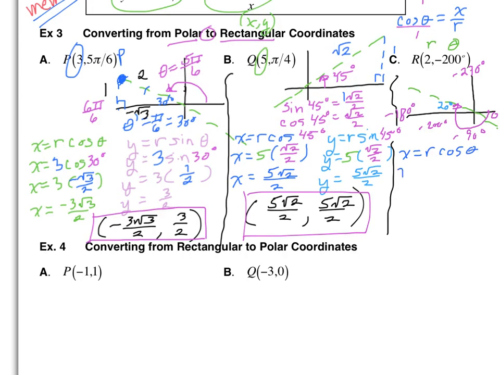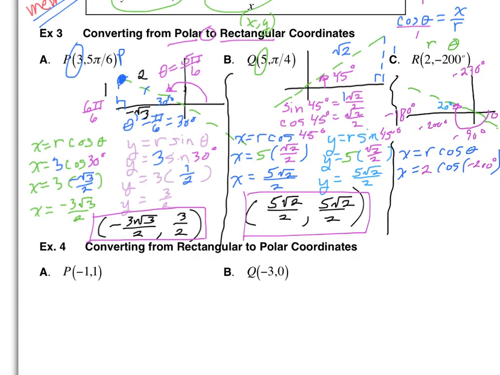So I get x is equal to, instead of r, we're going to put in 2, and instead of theta, we're going to put in negative 200 degrees. We'll put that into your calculator exactly as it looks. Make sure your calculator is in what mode? Degrees.